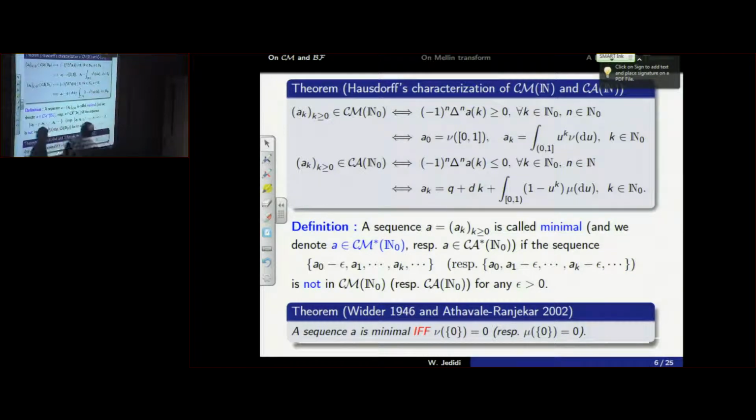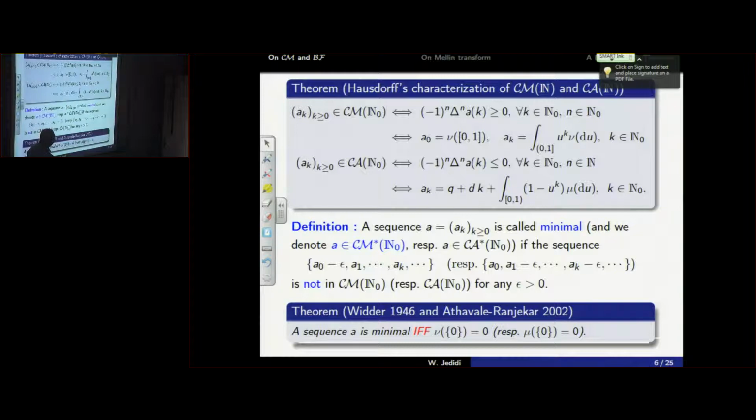Completely alternating functions have also a familiar form, closely related to the form of the Bernstein functions. Then we have the continuous version and the discrete version for the complete monotonicity and complete alternance properties.